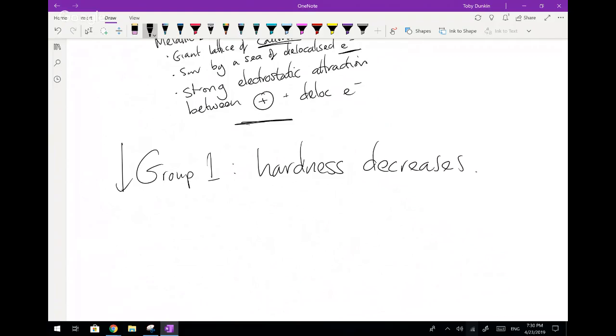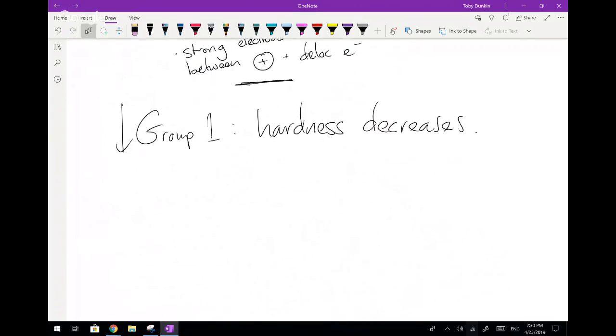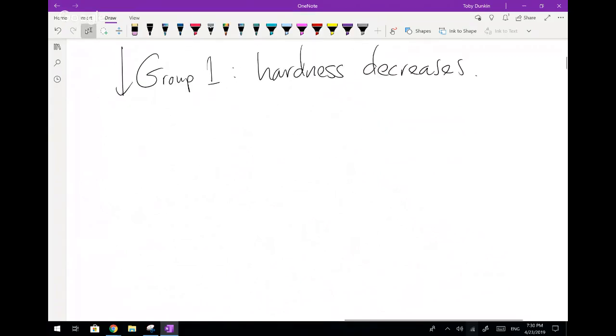People often say, I don't understand why having larger cations would make the bonding weaker. The analogy I often talk about is the idea of holding on to a tennis ball and a beach ball.